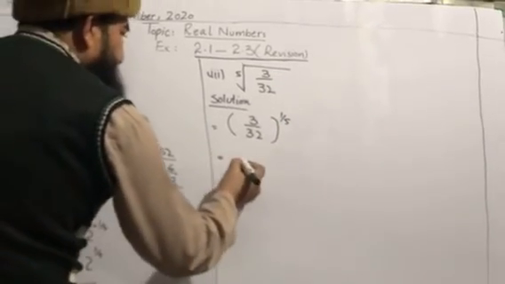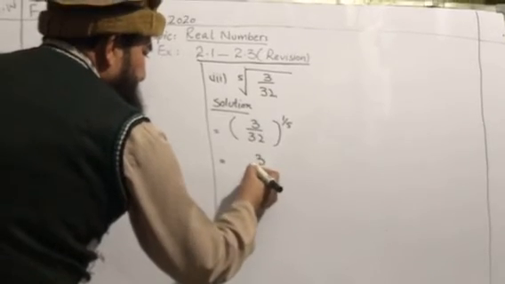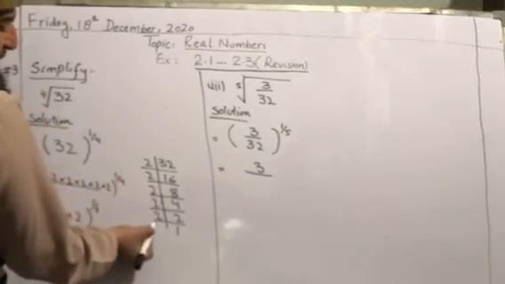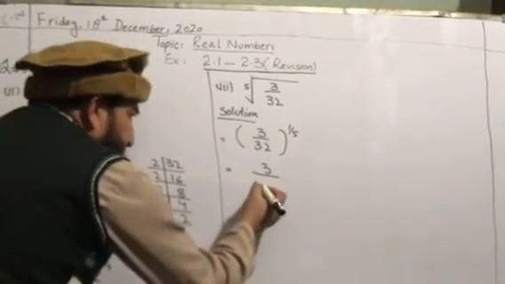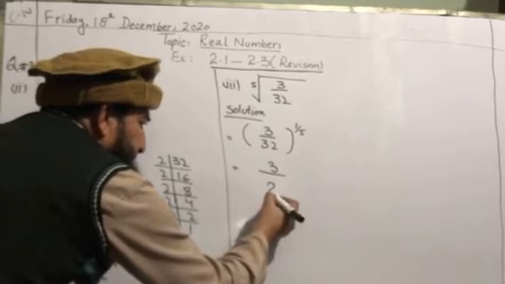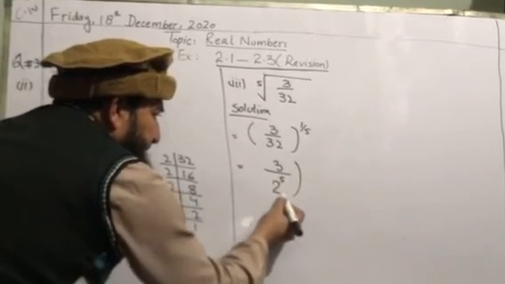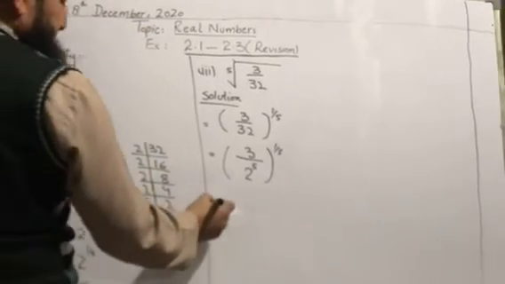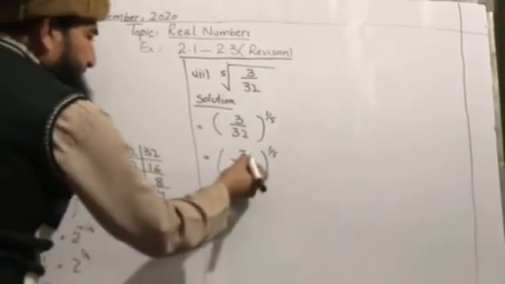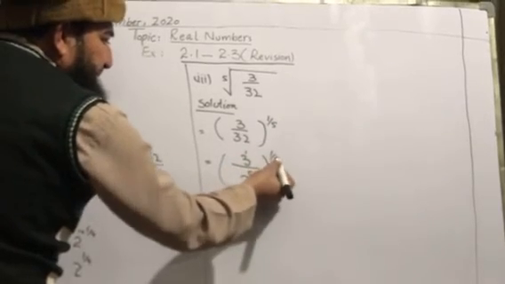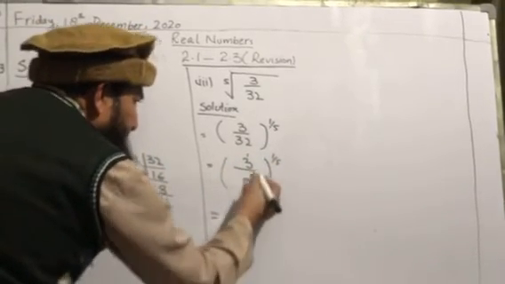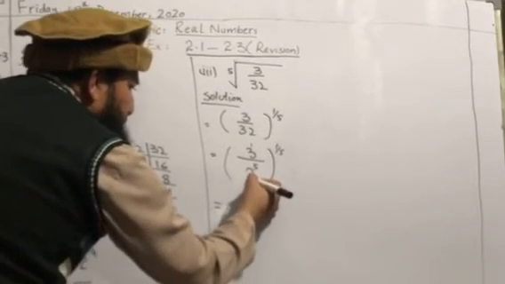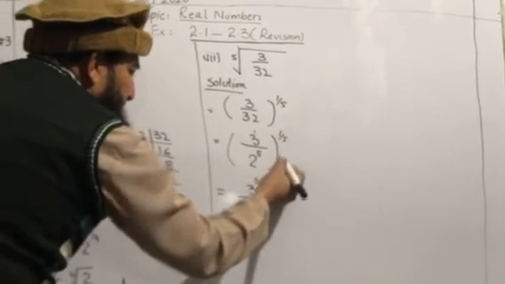3 is already in simplified form, and if we make the factors of 32, which we have already made, 32 can be written as 2 raised to power 5, and the whole power will be 1 over 5. By using the law of exponents, 3 power 1 will multiply the whole power 1 over 5, so it becomes 1 over 5, and 2's power 5 will multiply the whole power 1 over 5.